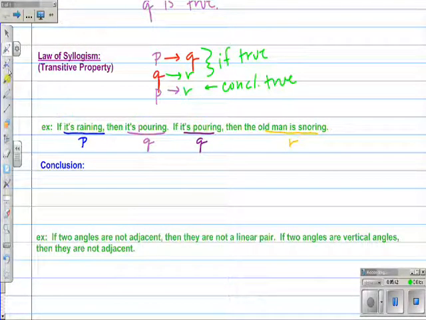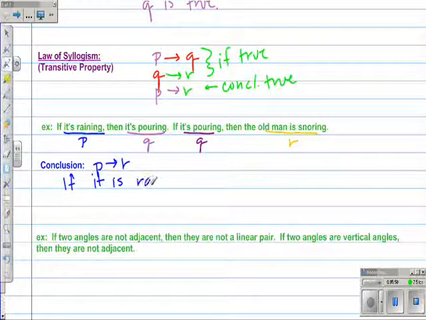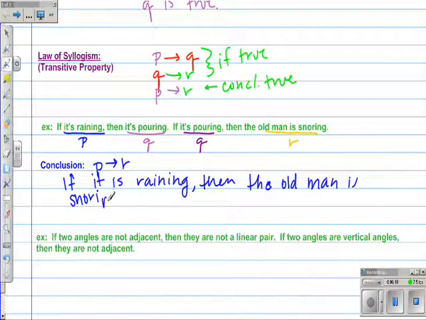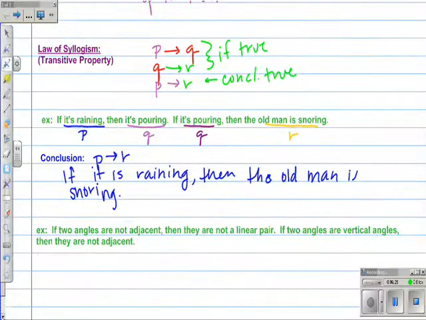So if P implies Q and Q implies R, then P implies R. So if it is raining, then the old man is snoring. Okay, that's an example of your law of syllogism.